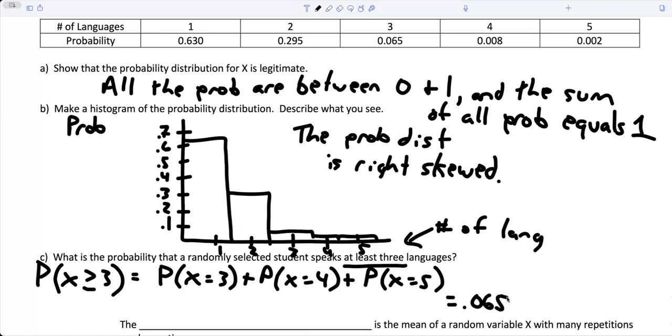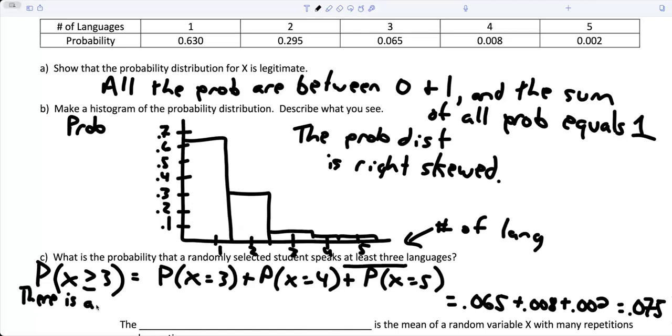So let's see, that was 0.065 plus 0.008 plus 0.002. So that gives me 0.075. And so let me write a little summary statement.